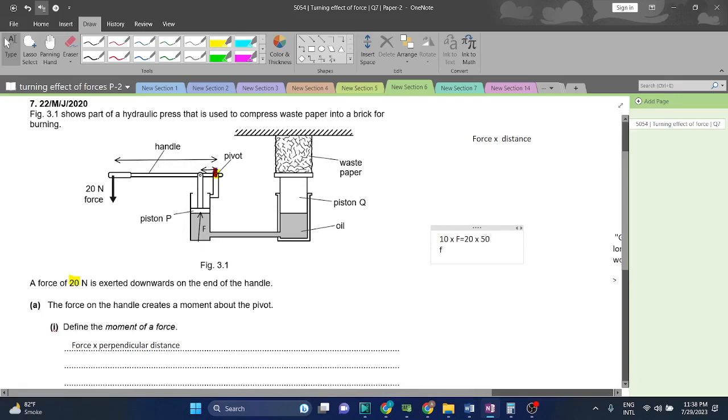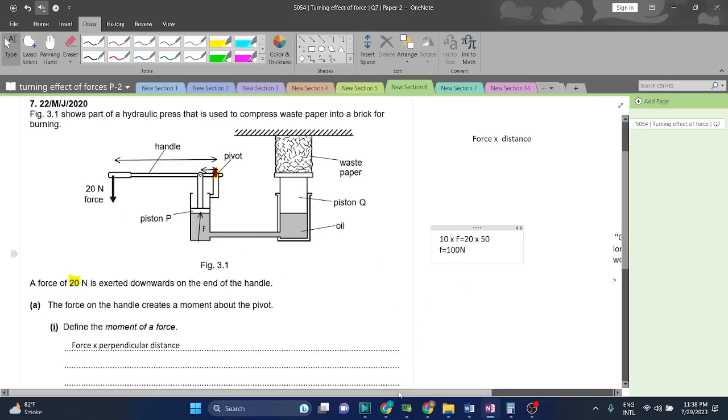So the force F will be equal to, if we multiply 20 into 50 we'll get 1000, and if we divide 1000 by 10 we'll get 100 newtons. So as we can see, if we give the distances in similar proportions to the real actual image, it shows that the force F will be much greater than this force because the distance is smaller.